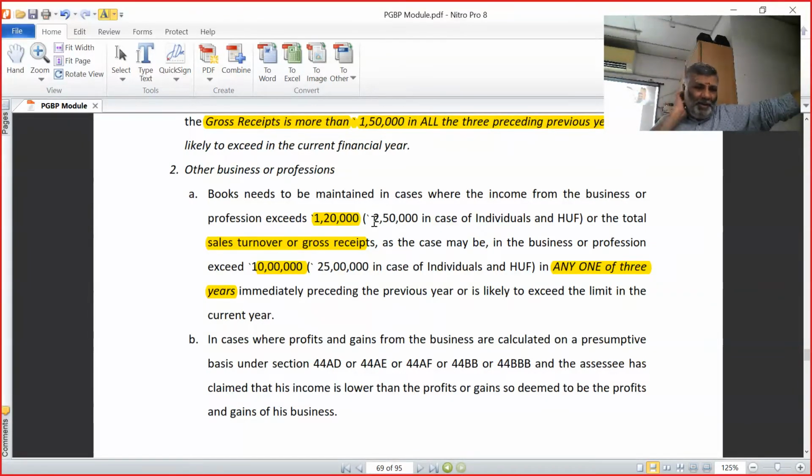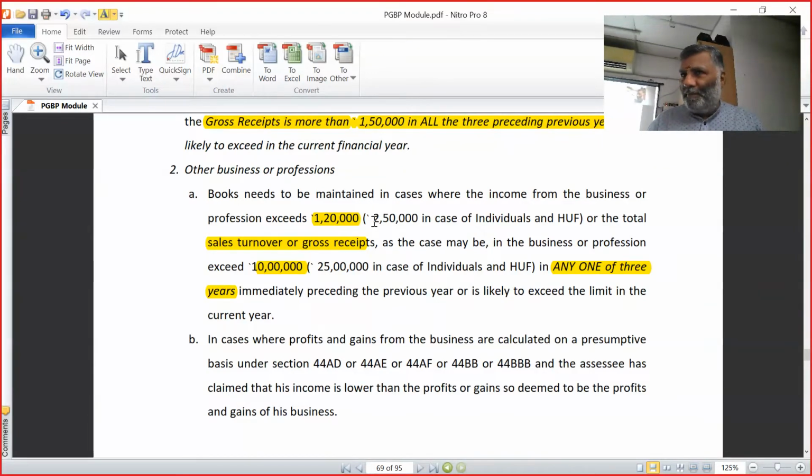If the assessee is not opting for presumptive computation, you have to compulsorily maintain your books. We'll see that. If the assessee is not opting for presumptive computation, there is compulsory maintenance of books, compulsory audit also.